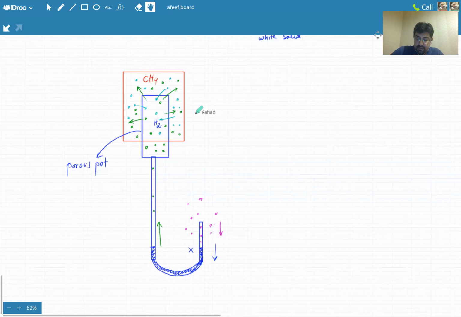There'll be more particles in the tube, pushing down, and the level would come back to the same level, right?